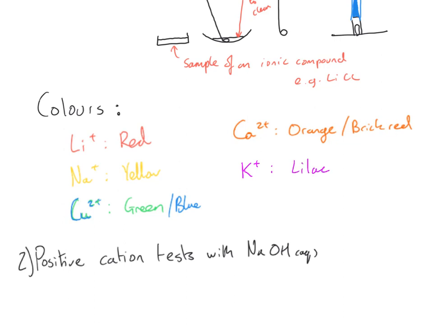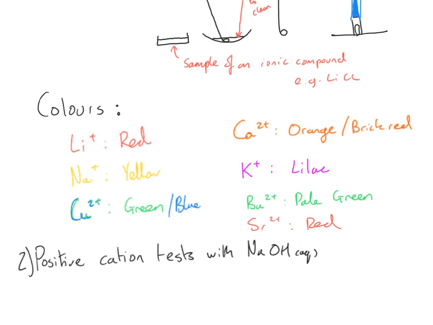Other ones that are beyond the spec is that barium gives you a pale green, and strontium gives you another red colour.